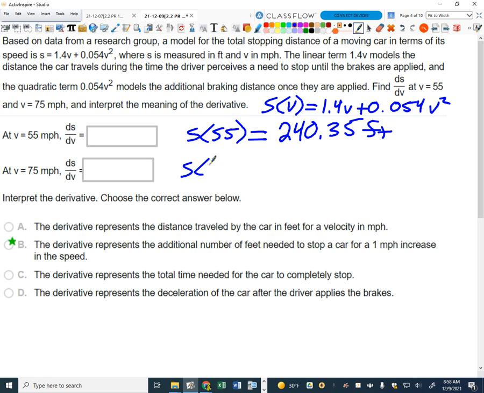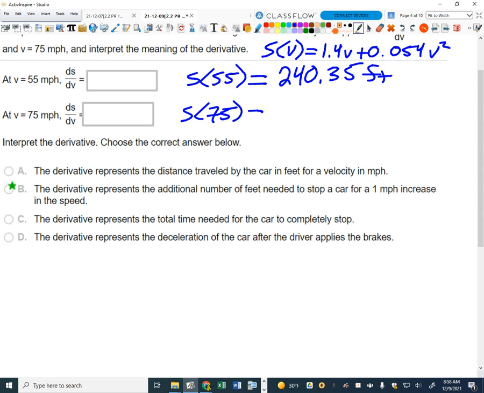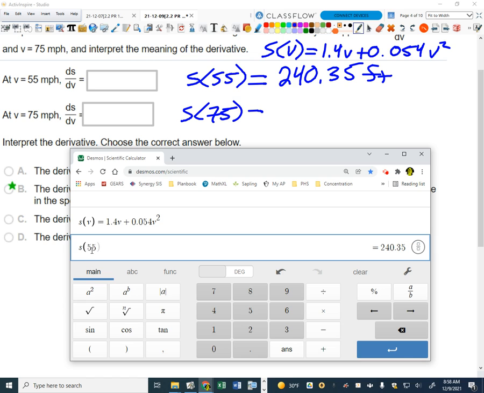So if we do S of 75, this is super handy in Desmos. All I got to do is go back here and change that to 75, and I get 408.75.